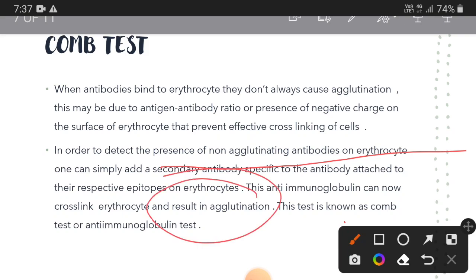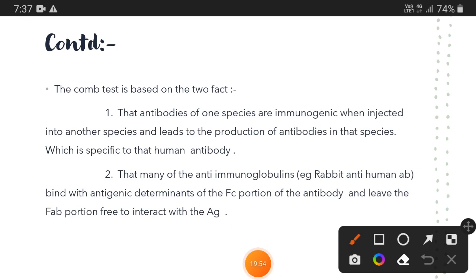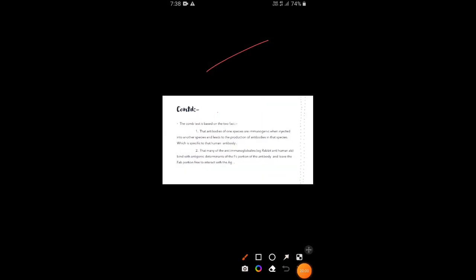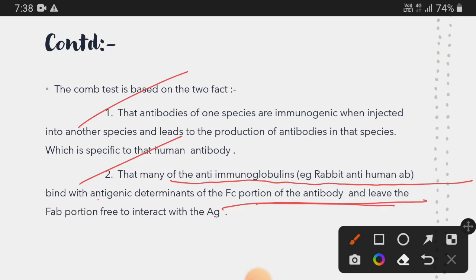This test is known as the Coombs test or anti-immunoglobulin test, and it is based on two facts. One fact is that many anti-immunoglobulins, for example rabbit anti-human antibody, bind with the antigenic determinant of the Fc portion of the antibody and leave the Fab portion free to interact with the antigen.